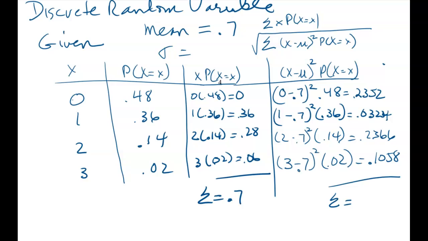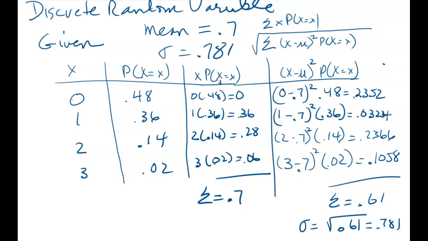When I sum them, I get 0.61. Don't forget, though, the standard deviation is actually the square root of that sum, and that gives me 0.781.